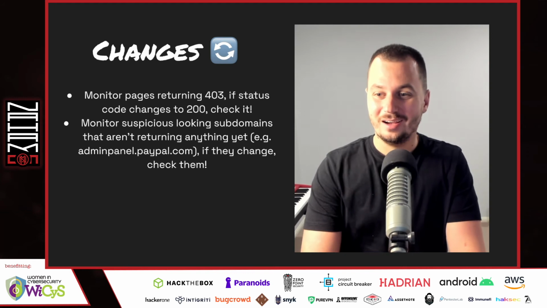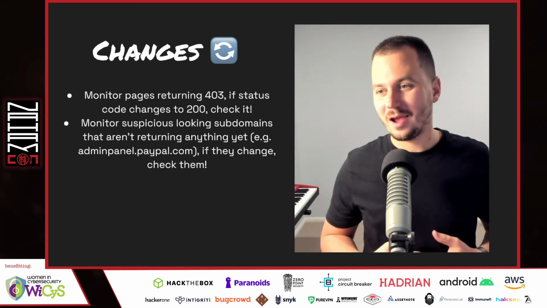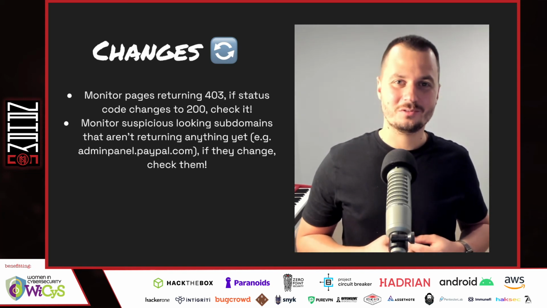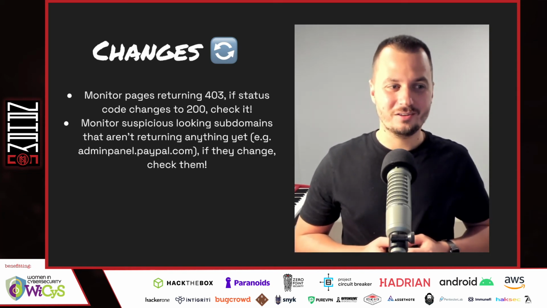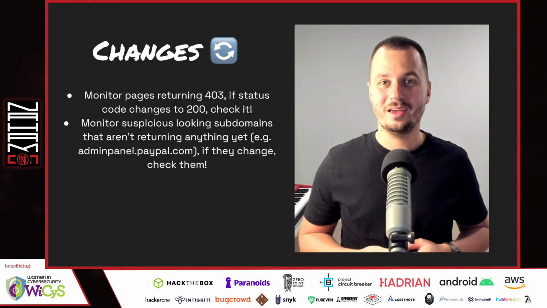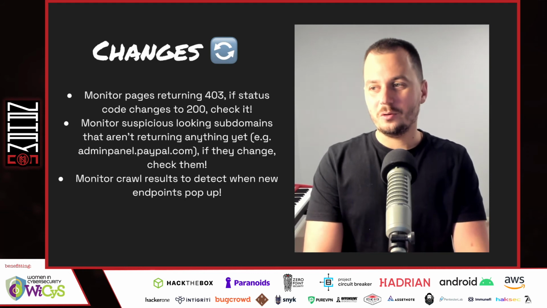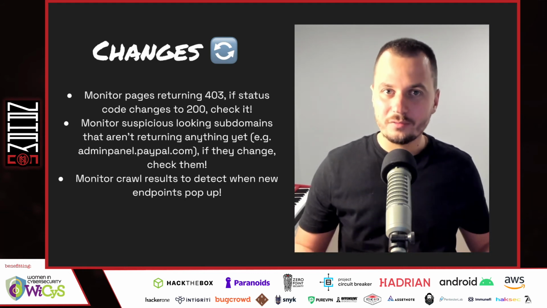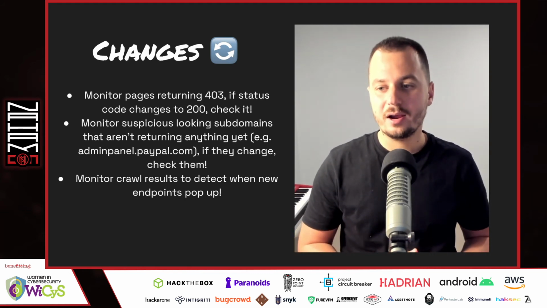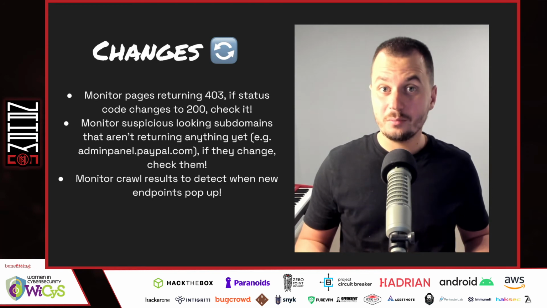For example, this is another contrived example, but adminpanel.paypal.com. If that was returning a blank page for 5 years straight, and then all of a sudden it was returning a web app, that's definitely something that I would want to take a look at. If you are crawling all of the web applications that you're discovering, and all of a sudden your crawler discovers a new endpoint, you might want to check out that endpoint.